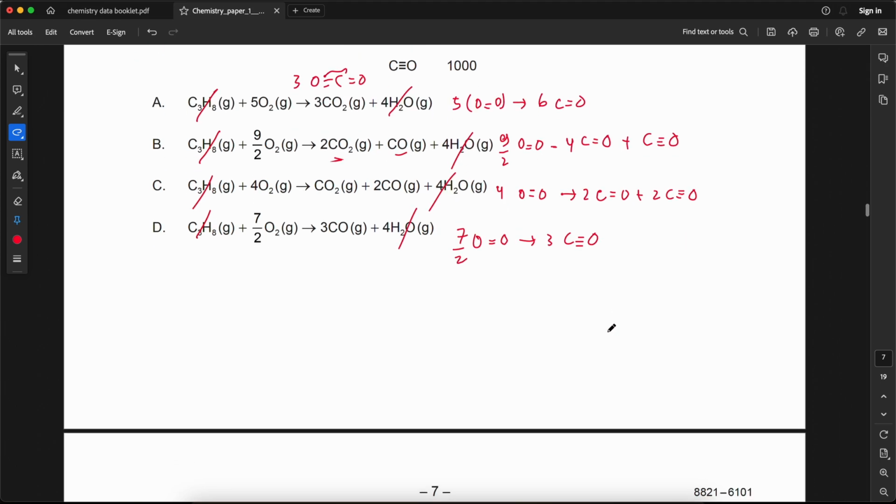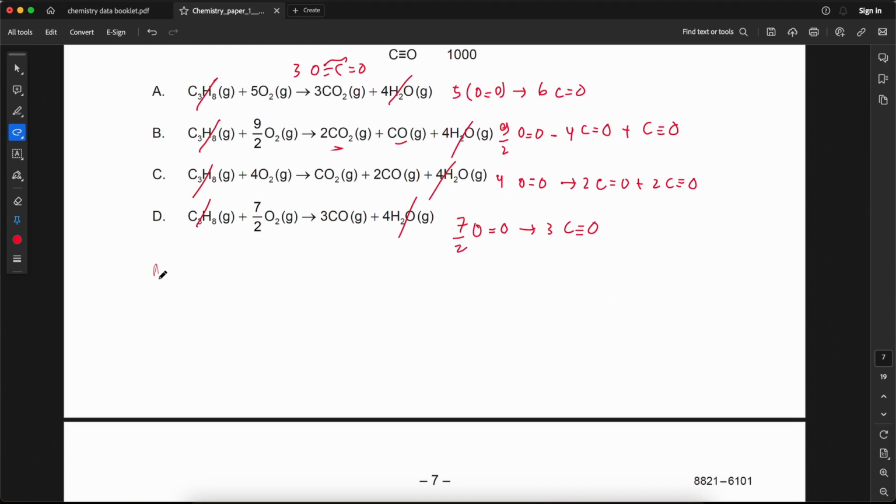Alright, if we do the calculation, A will be 5 times 500 minus 6 times 800, which is negative 2300. For B, 9/2 times 500 minus 4 times 800 minus 1000, which is negative 1950.